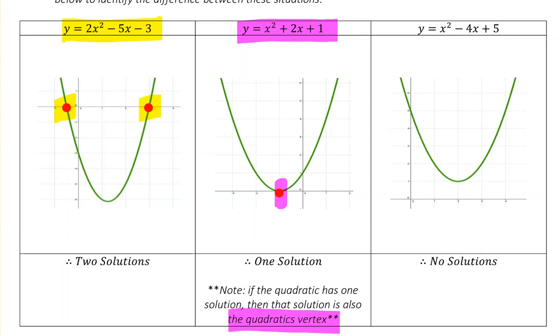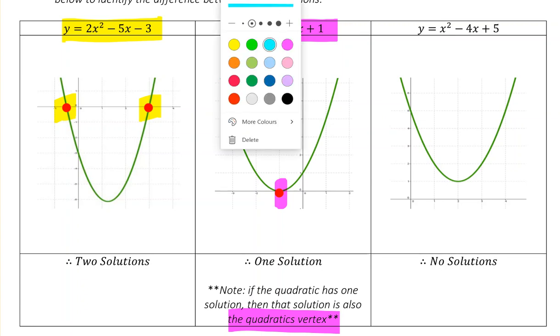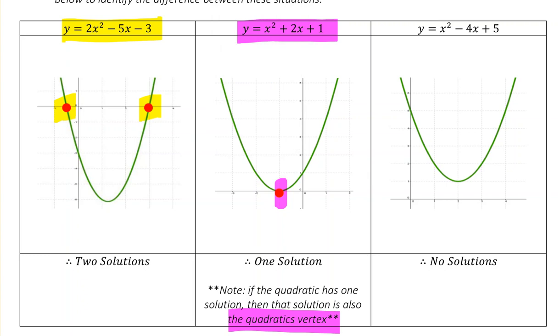So if there's a problem that says what is the vertex of this quadratic that has one solution, you just need to solve for the x-intercept, which is also going to be your vertex. And you can also have another option, which would be if you had no solutions like this quadratic here. You could also have something below the x-axis that opens down. As long as you see no crossing of the x-axis, then you have no solution. So there's three unique scenarios.